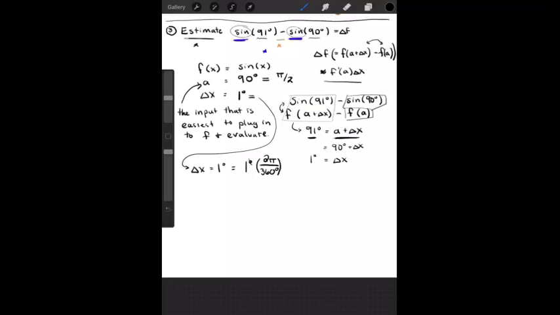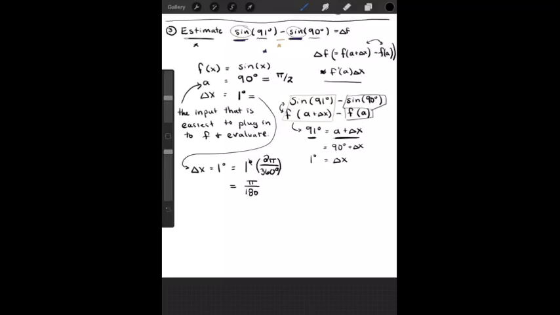The degrees are going to cancel each other out, and we just end up with pi over 180. Right, so 1 degree is pi over 180 radians. So now we have what we started with on all of the other problems.